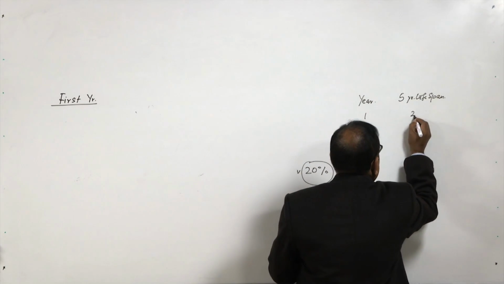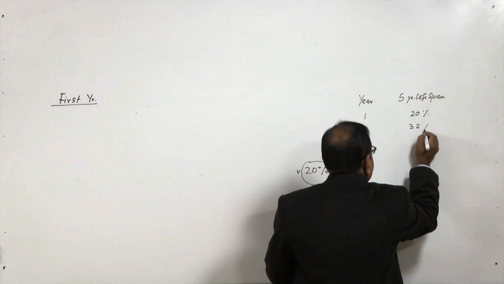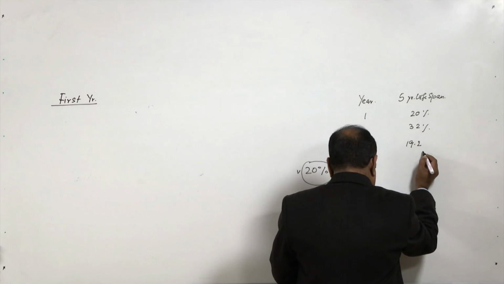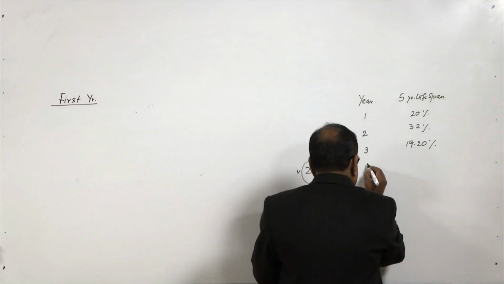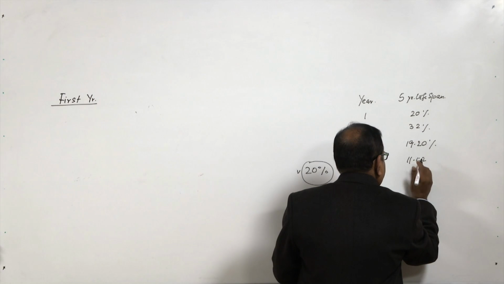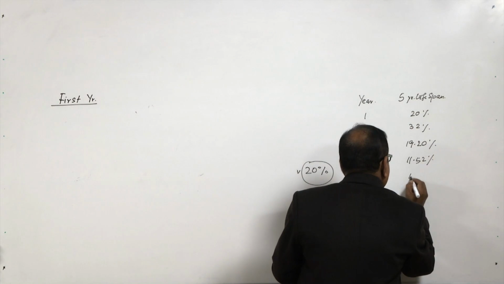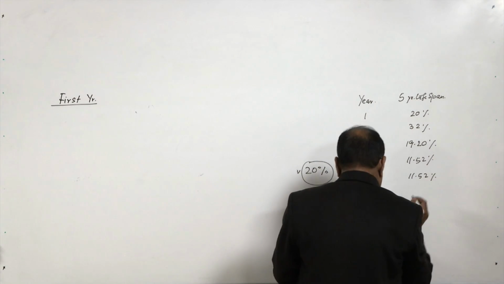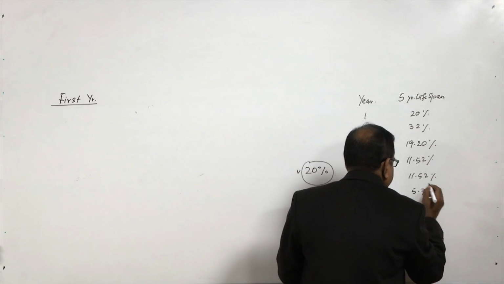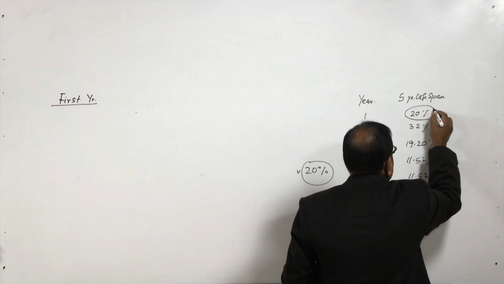In the first year it is 20%, in the second year this is 32%, in the third year this is 19.20%, and in the fourth year this is 11.52%, and the fifth year again it is 11.52%, and in the sixth year this is 5.76%. We have computed already this, so this has been checked.